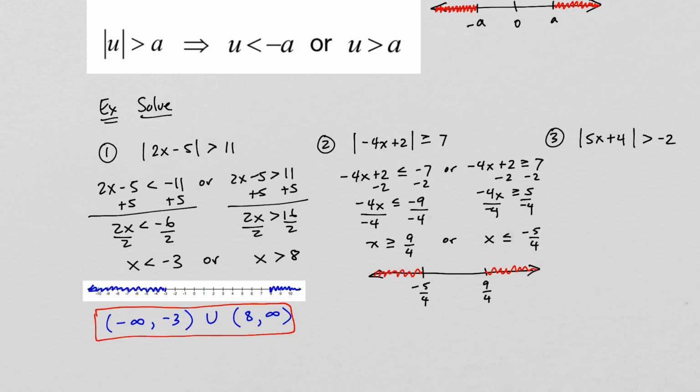And it's actually greater than or equal to and less than or equal to. So our graph looks like this. Notice that I don't need to graph other numbers on the number line. This is all I need. So in interval notation, our answer is all the numbers from negative infinity up to negative 5/4, union all the numbers from 9/4 up to infinity.